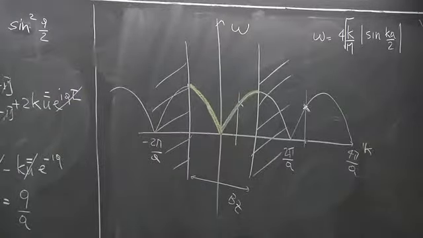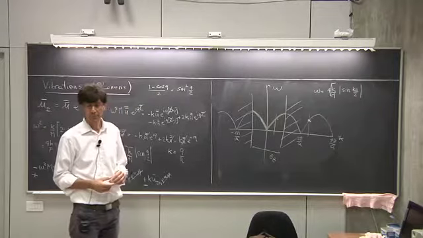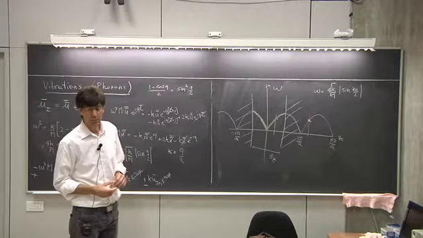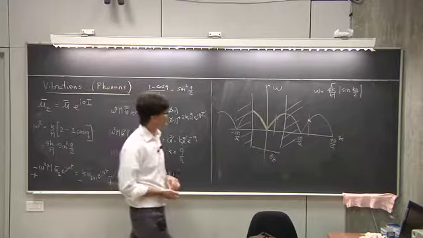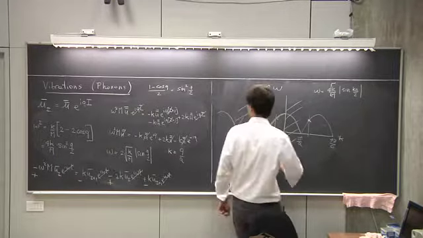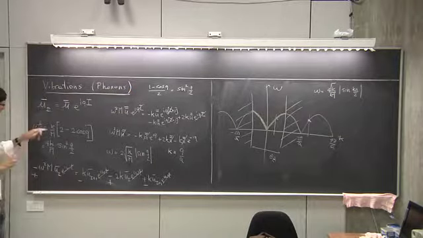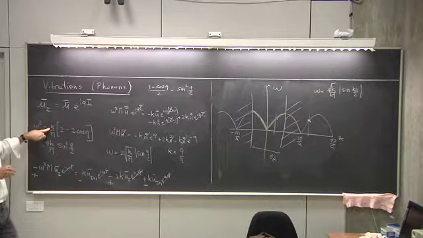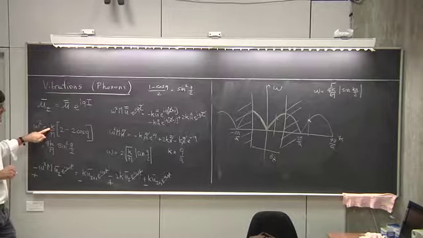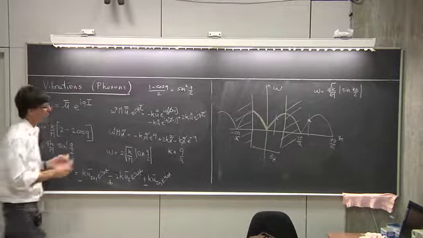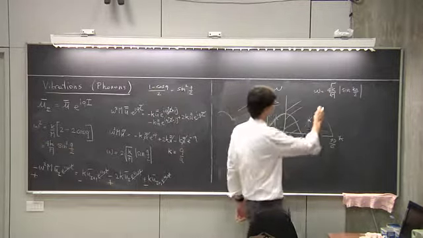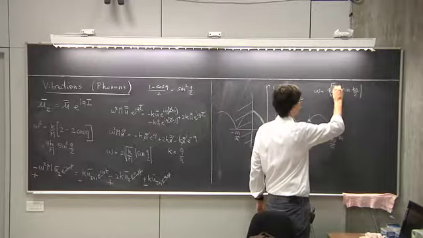Yes? K and K are not the same, right? Oh, sorry. You're right. I always make this mistake. Every time I promise that I'm going to use a different letter for this. Let me use a capital K, all right?